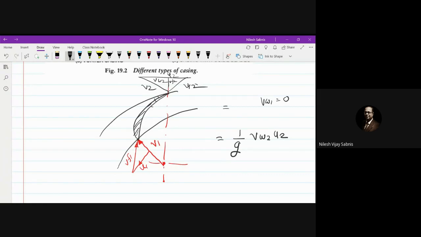will be here negative, and the work done formula which we know previously is the same which we have used in case of a turbine, that is 1 by g (VW1 U1 minus VW2 U2), and in that case I will write minus because it is exact opposite.